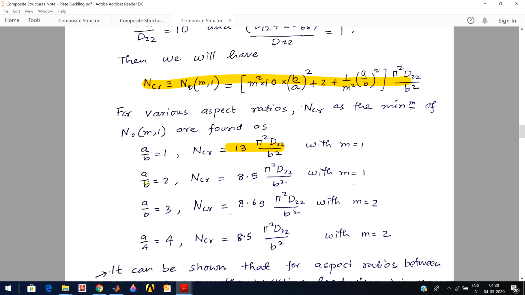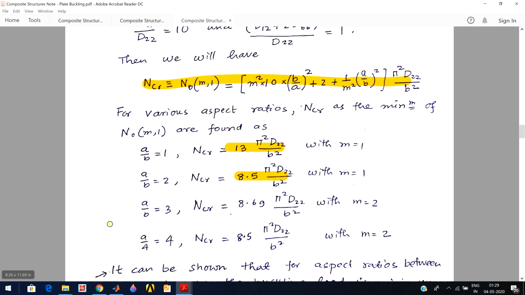Whereas when you take an aspect ratio of 2, that is a by b equal to 2, then we'll see that n critical will be something lower. So for a longer plate it is becoming lesser. The critical buckling load will be less, and again m is equal to 1. So the mode shape is two half sine waves in both x and y, meaning one sine wave in x and one sine wave in y.